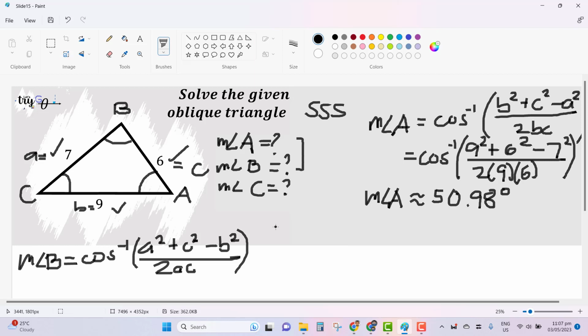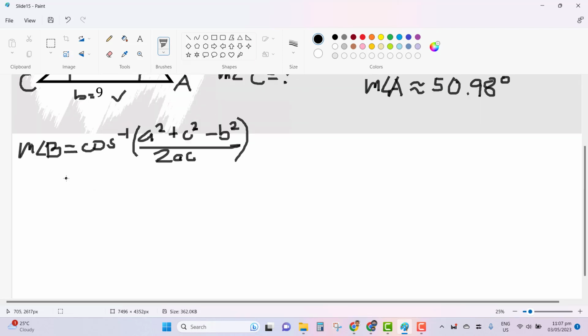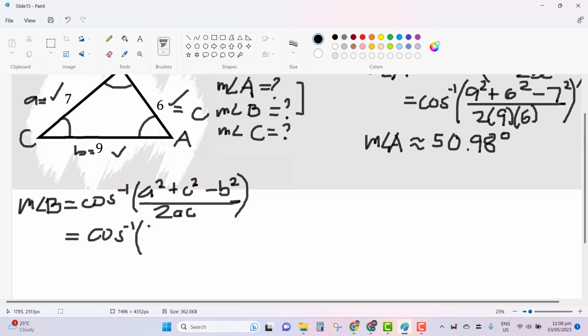Let's move to the measurement of angle B using the similar pattern. So we'll have here cosine inverse. We will have A squared first, 7 squared, plus C squared, which is 6 squared, less 9 squared. Notice the difference of the arrangement. Over 2 times A, which is 7, times C, which is 6.